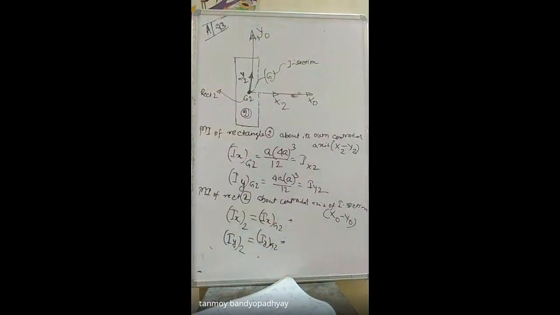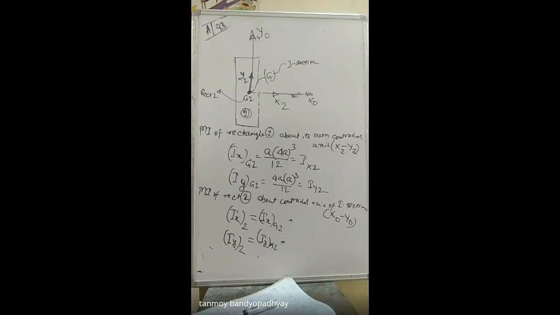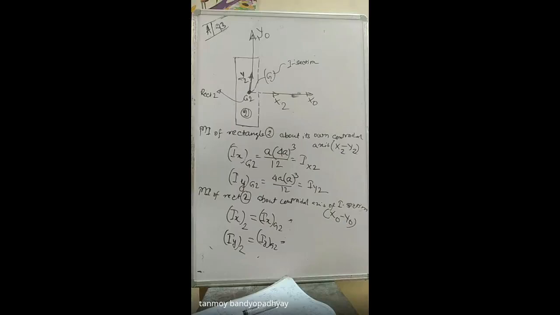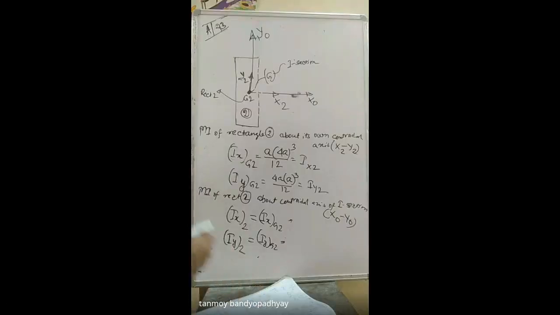See what comes. Calculate and write whatever value you get. Sixteen a to the power 4 by 3. And Iy is a to the power 4 by 3. Iy is coming 2 a to the power 4 by 3.